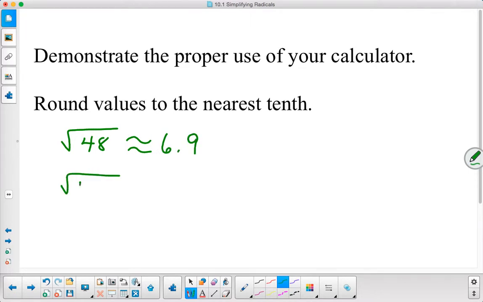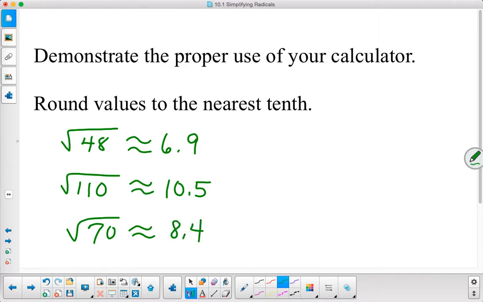Square root of 110 should be 10.5. I'm saying approximately with my symbol because these are all rounded. They're not exact. Square root of 70, 8.4. So using the calculator in order to get decimals.